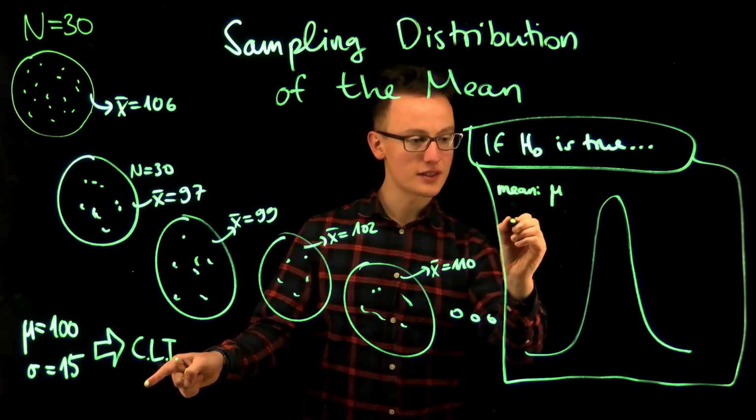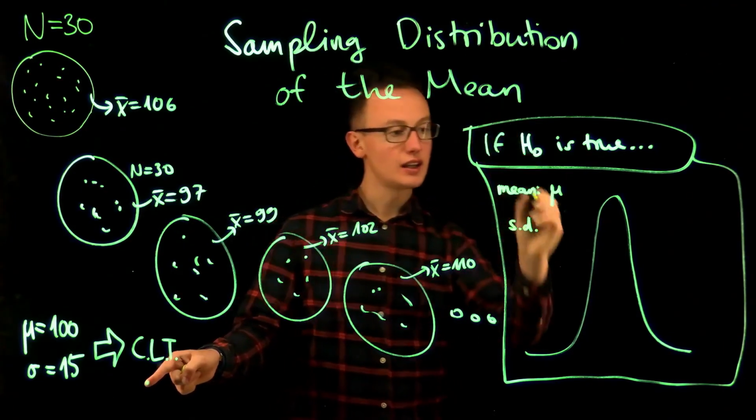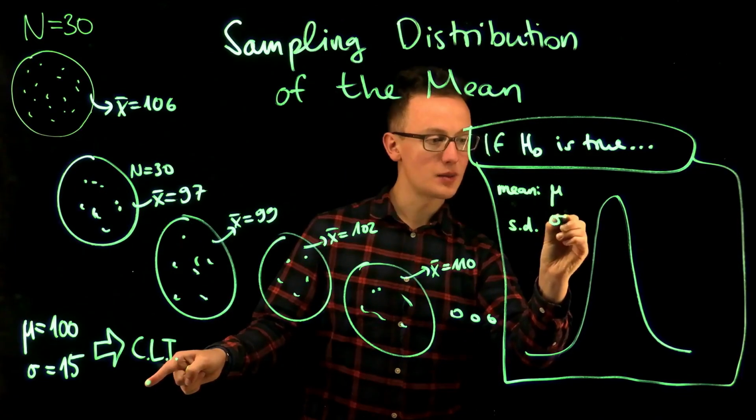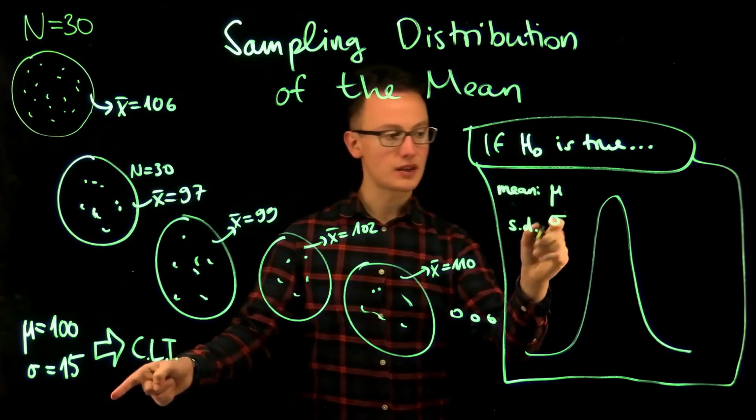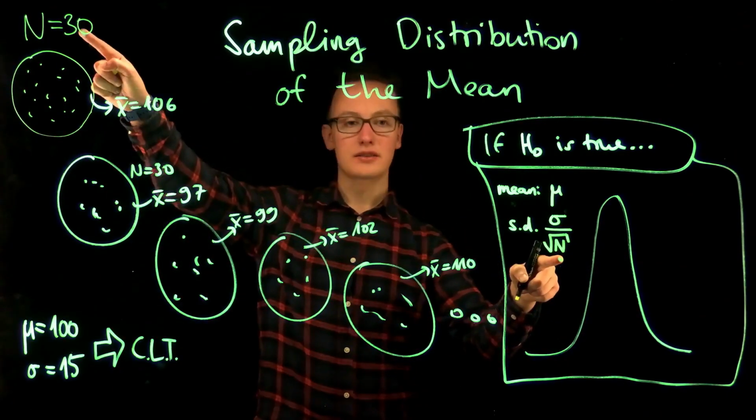But importantly, the standard deviation of this sampling distribution of the mean will now actually be sigma, the population standard deviation, divided by the square root of n, which is the sample size, right?